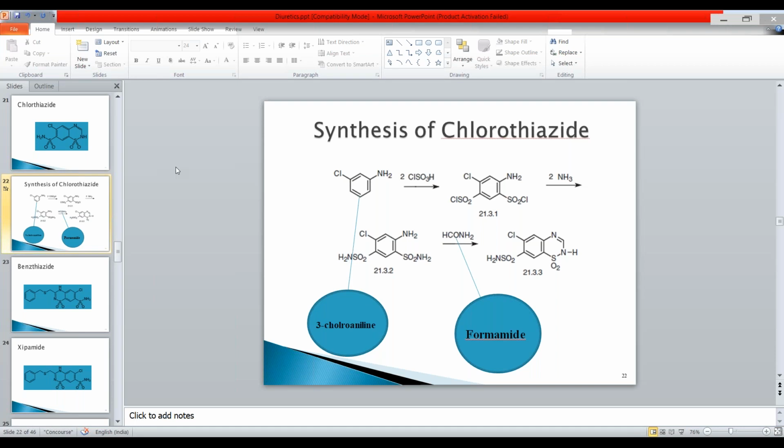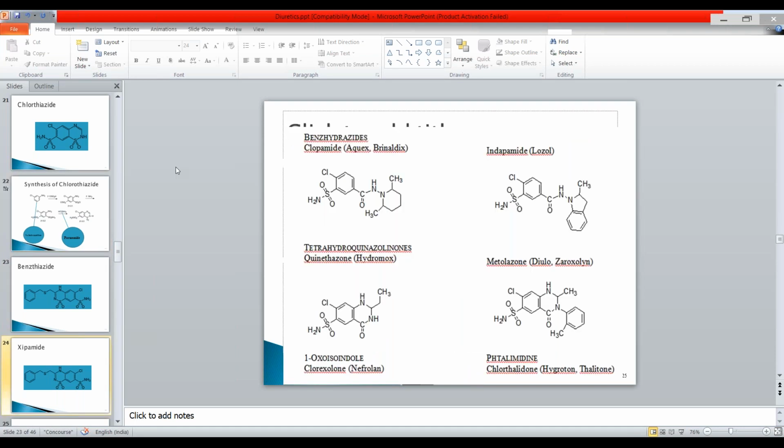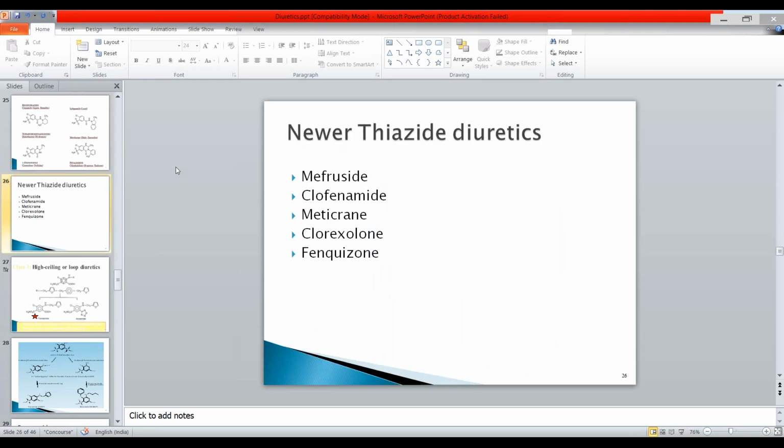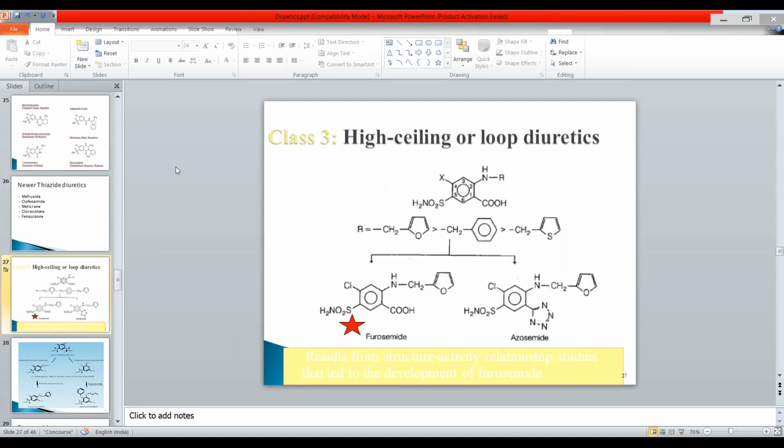Furosemide is one of the drugs which belongs to this class, and it is very rampantly used as a diuretic agent. Okay, so these loop diuretics have a very diverse chemical structure.